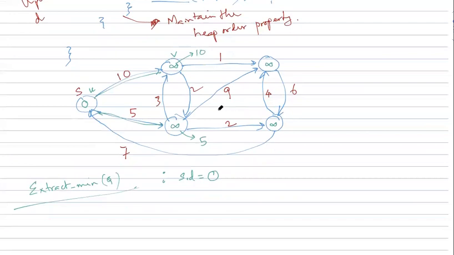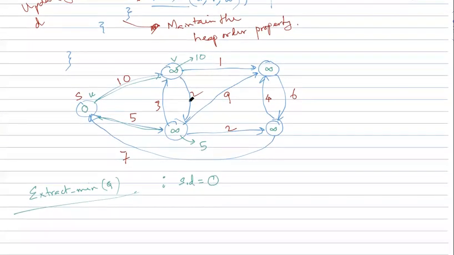Now in the next step of relaxation, what is the minimum key value? So this is extracted out, right? Now you have these two nodes. I think I need to label these, otherwise we will not know which node we are processing.